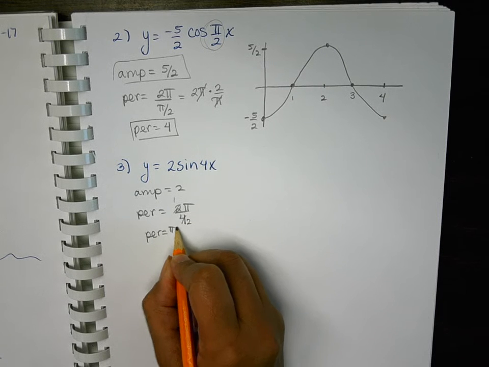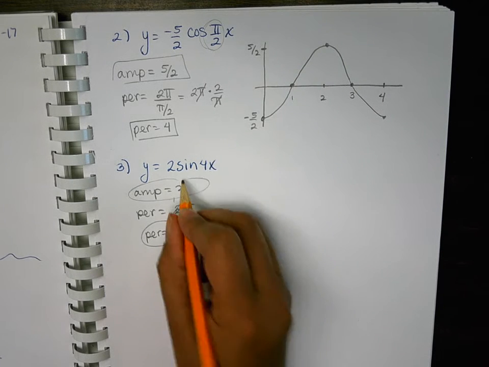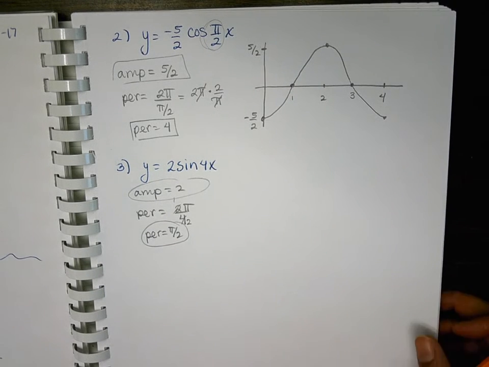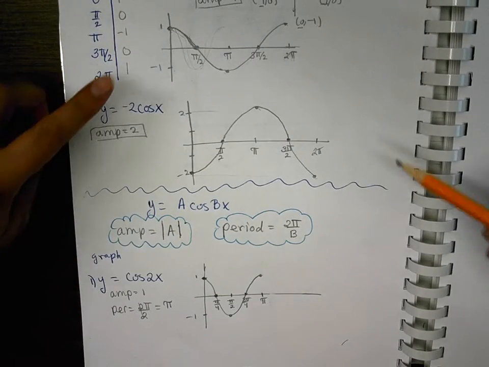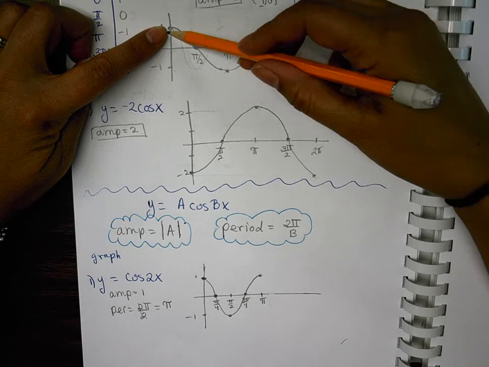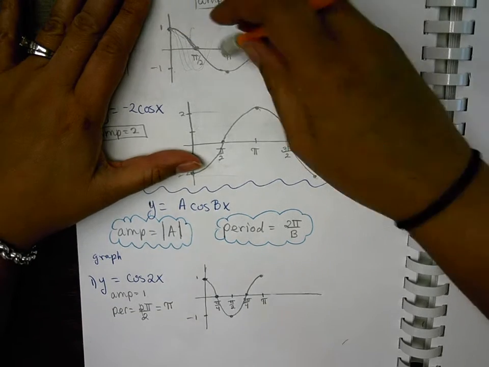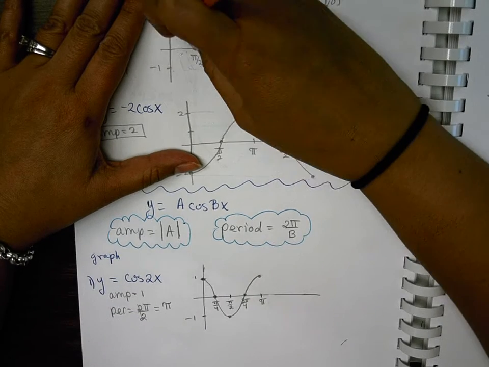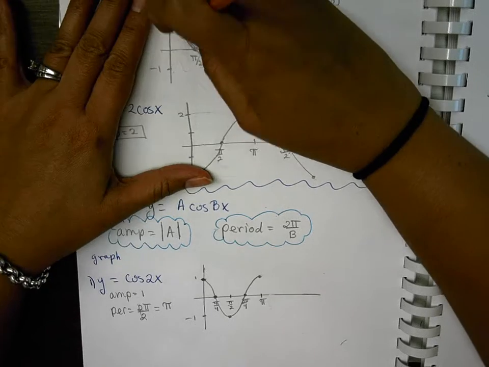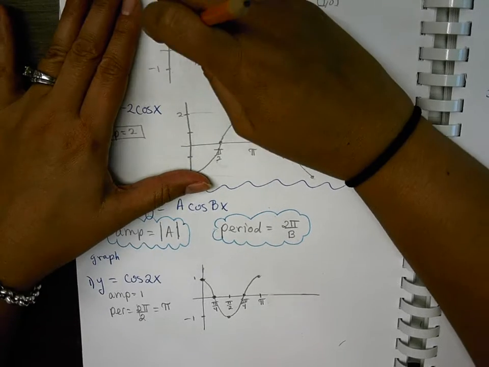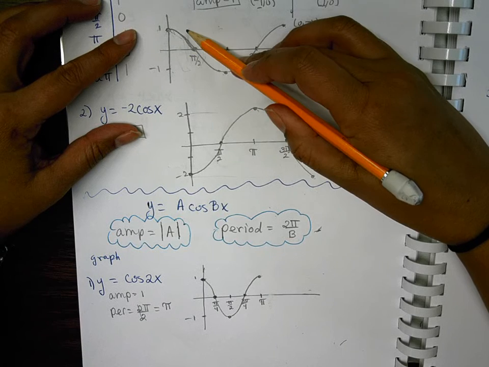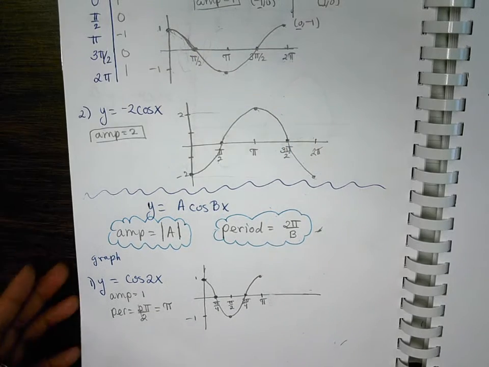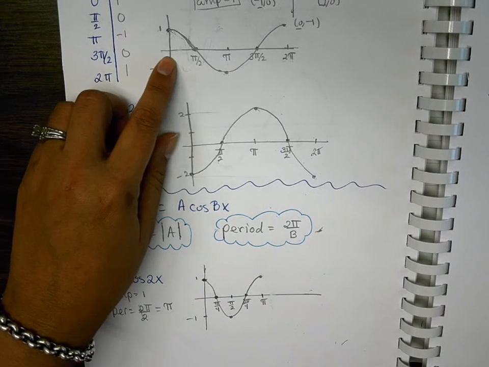Pi over 2. Okay. Now, I'm really going to have to spread this one out because that means I'm going to start and end all before I get to pi over 2. That's really squished. Can you see that? Yep. So I'm going to hit my max, my 0, my minimum, my 0, my max, all of that before getting to pi over 2. And that's going to be way too hard to squish all those points in there, so I am going to spread it out a little bit more.